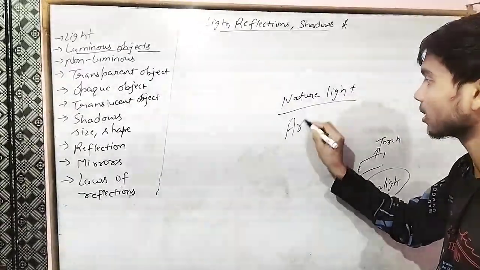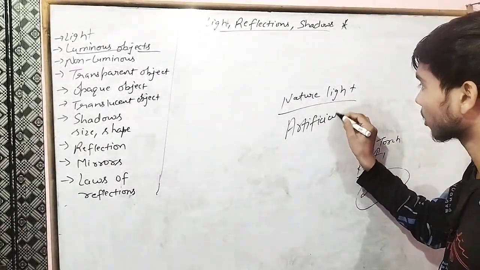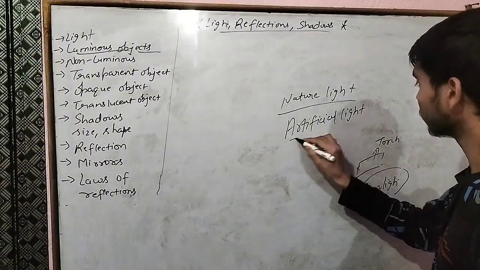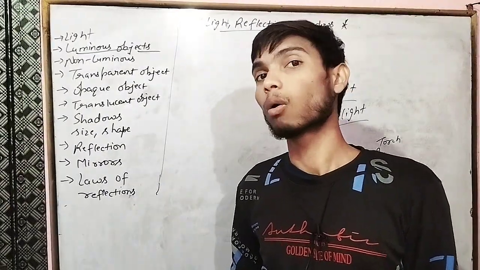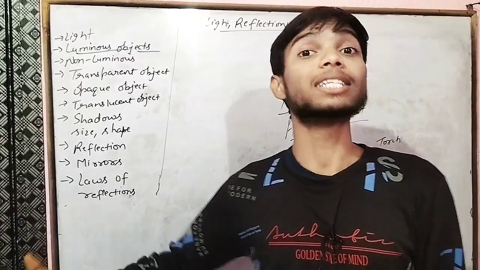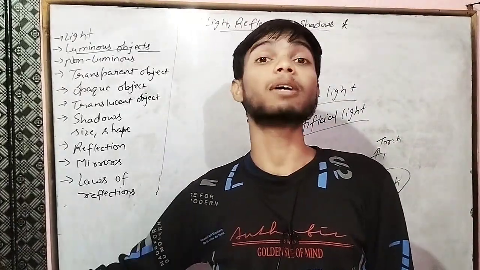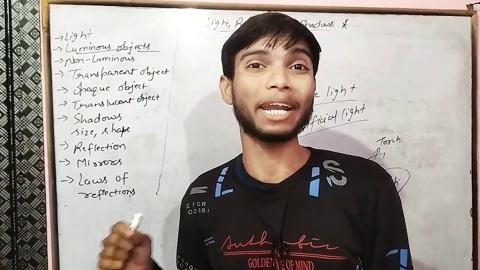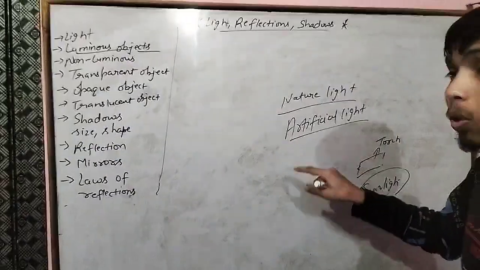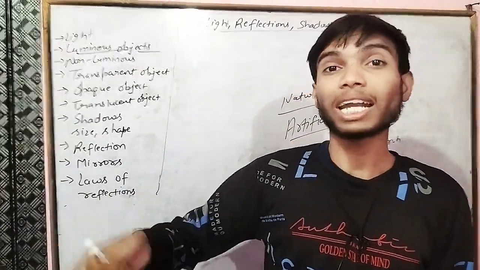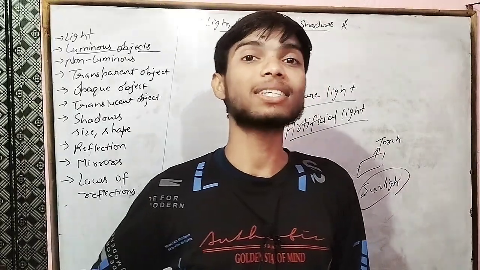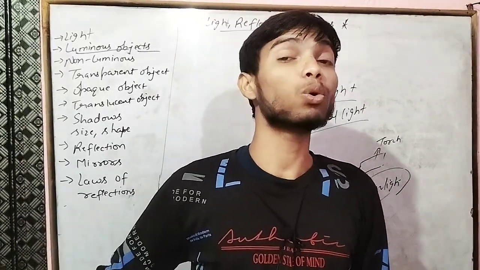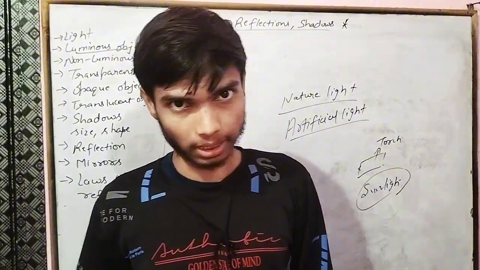Artificial light. These lights are made by us, by human beings. We can make artificial light. Whatever light we are making, creating, will be known as artificial light.